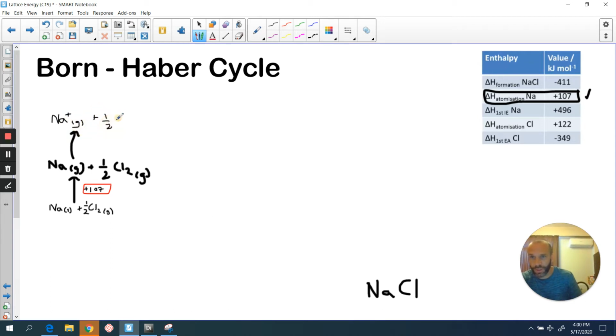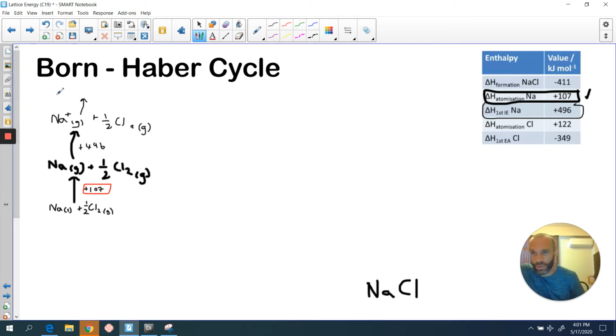Obviously, there's no change here to the chlorine at the moment, okay, because we're doing one thing at a time. Excuse the terrible writing. So that now covers the first ionization energy there. So the value in here would be plus 496. Notice as arrows are going up, they're all going to be plus values.